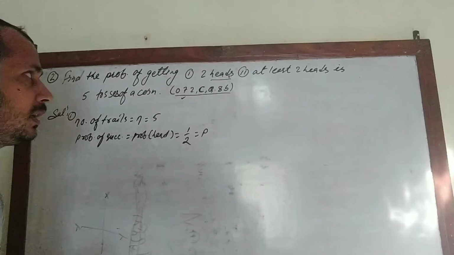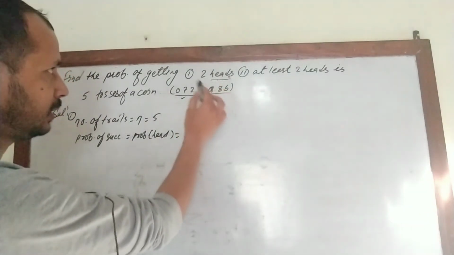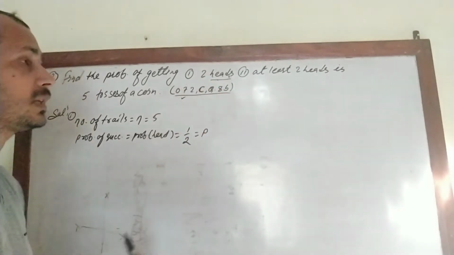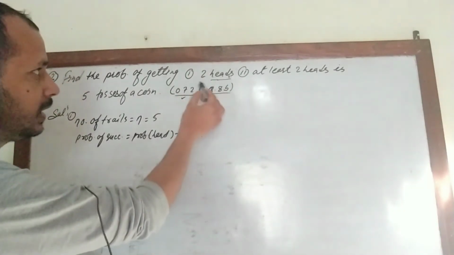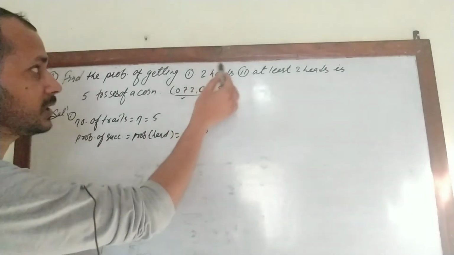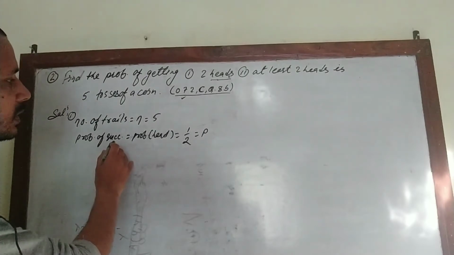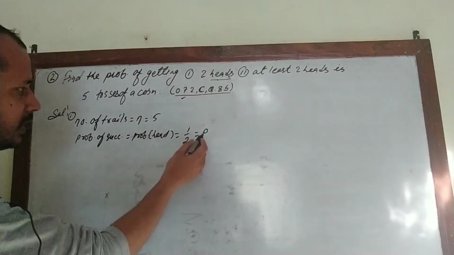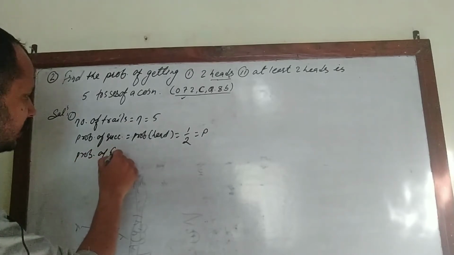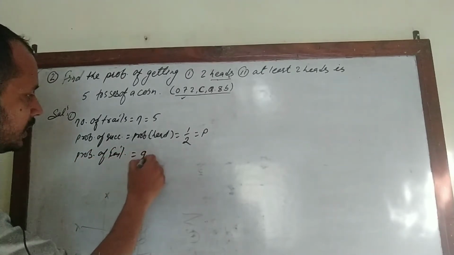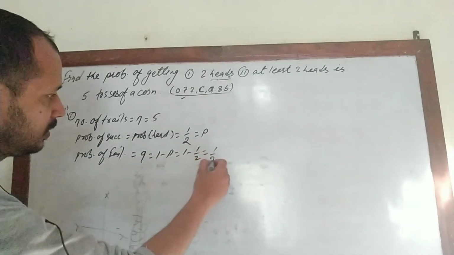Probability of getting a single head. For 2 heads, this means head 2 times. We need to understand in this way. So these 2 heads represent 2 times successful outcome we need. So the probability of the failure outcome will be q, that is 1 minus p equal to 1 minus 1 by 2 is equal to 1 by 2.